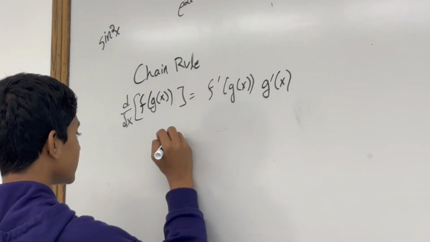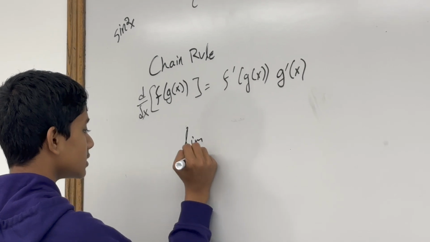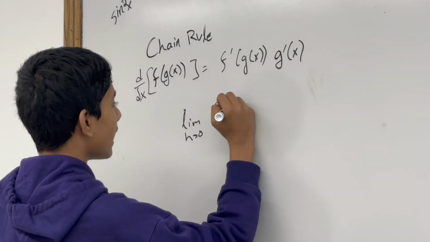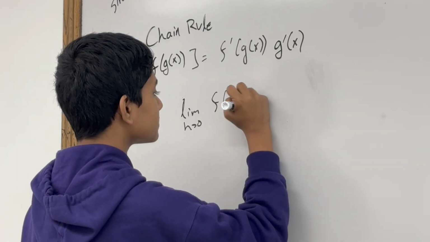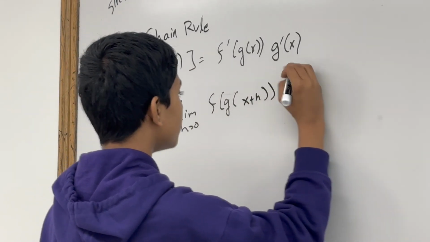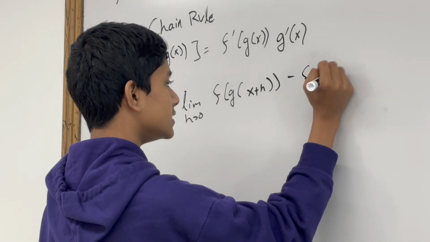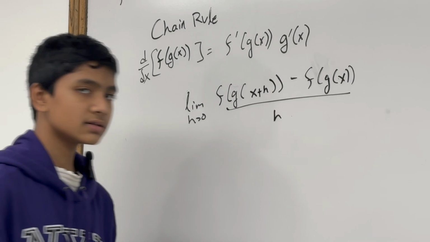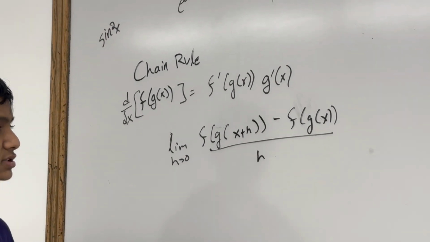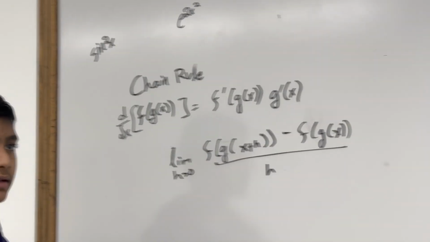So we take the limit as h approaches 0 of f of g of x plus h minus f of g of x divided by h. Now, let's think about something for just 1 second.